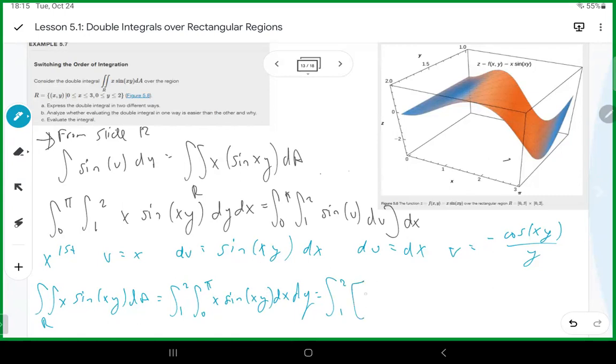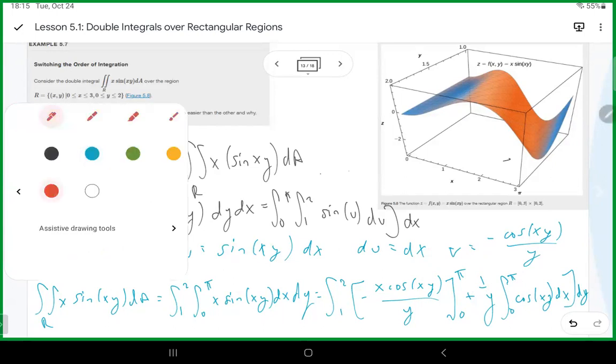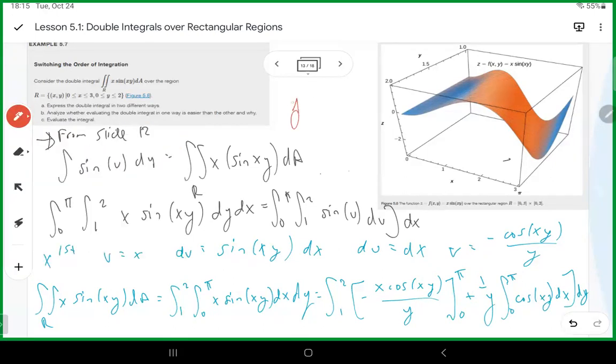Very nasty looking option. Okay, so we're not gonna go any further than that, but you can see clearly why we would want the nicer option. So this would be Y first. Yay.